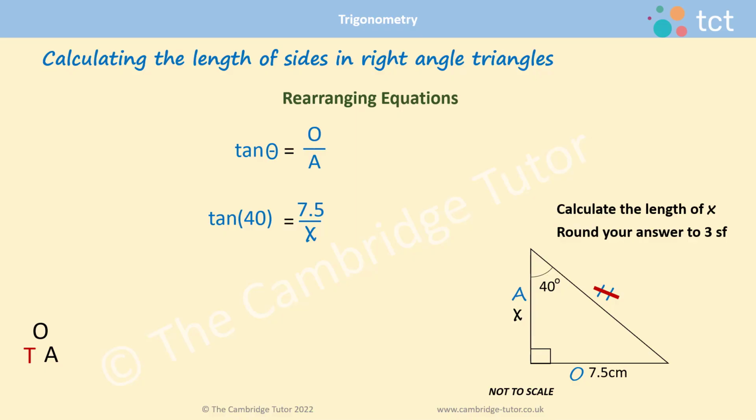Again, we need to multiply the numerator by the denominator to cancel out the division, which means we need to multiply the other side by x as well. The tan of 40 times by x equals 7.5. Now get that x on its own.